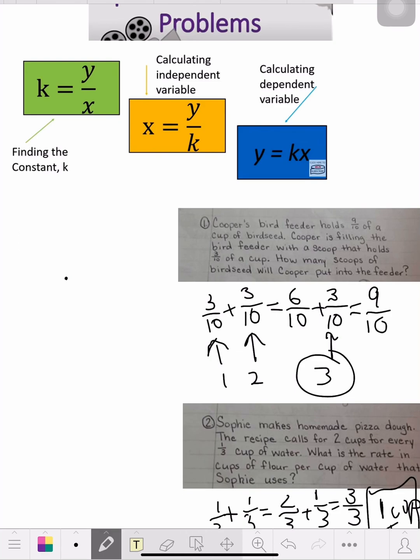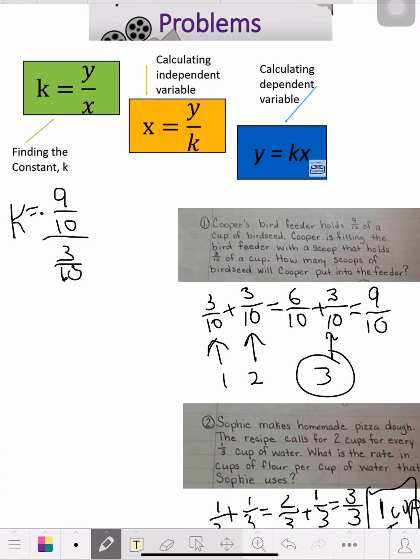Let's get this pen going. Okay, so we get k equals, the dependent variable is 9/10 over 1/3.